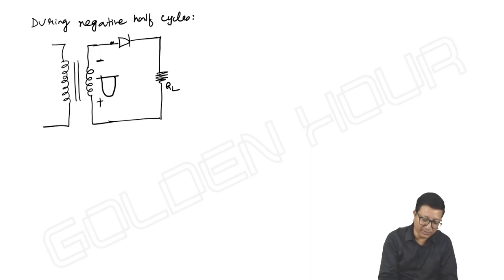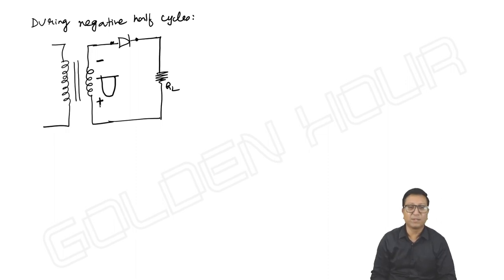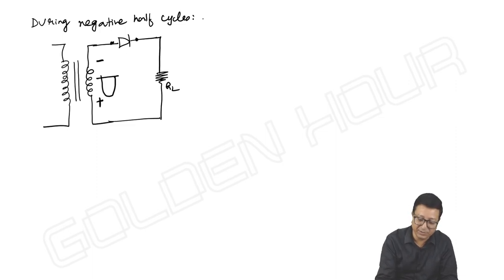So anode of the diode is connected to negative terminal, cathode of the diode is connected to positive terminal of the source. So diode does not conduct and it simply acts as open circuit. During negative cycles diode is off. Once the diode is off, it is simply acting like open circuit.